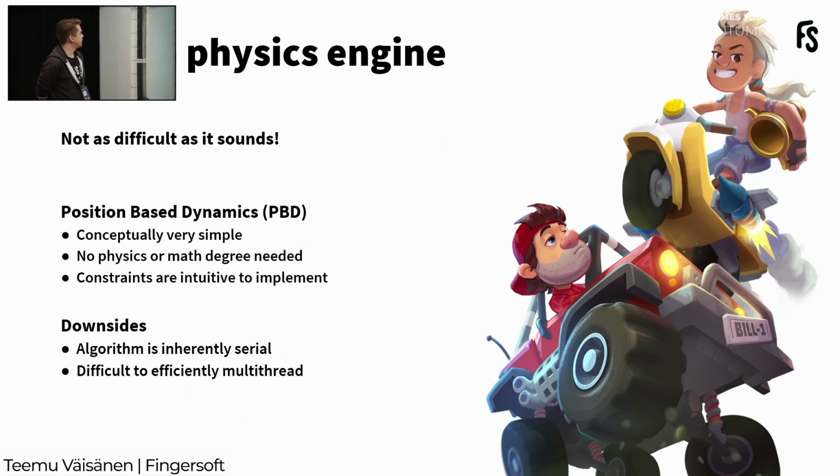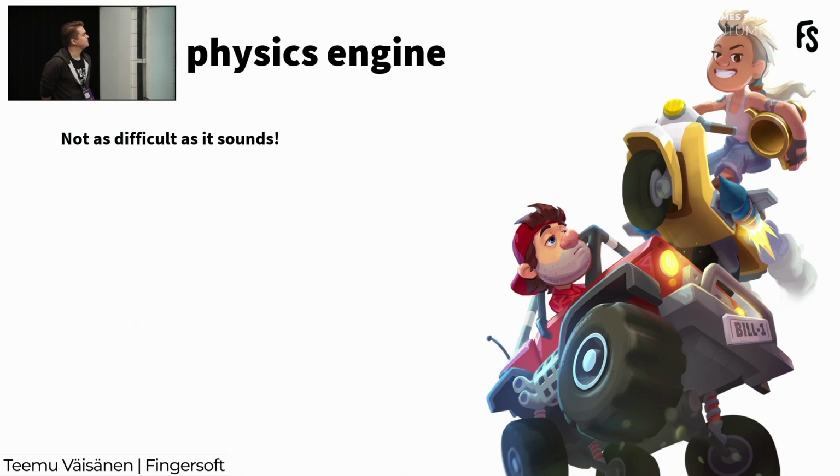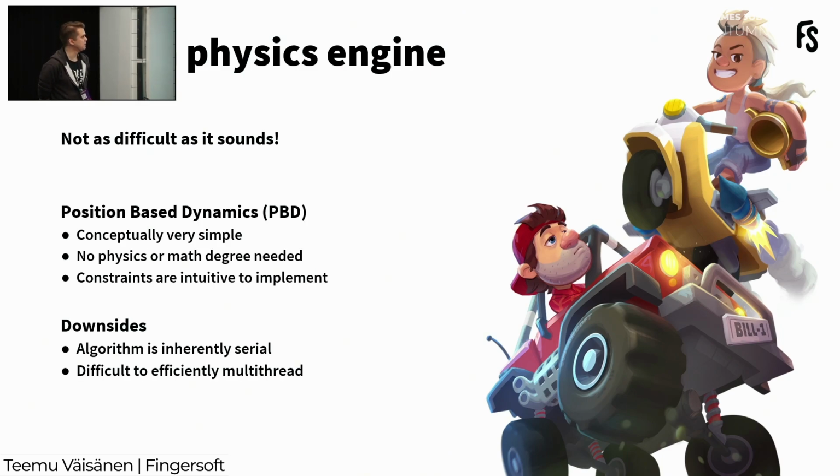Okay. So a custom physics engine might feel a little bit daunting at first, but it's actually not as difficult as it might sound. We ended up using an algorithm or method called position-based dynamics.